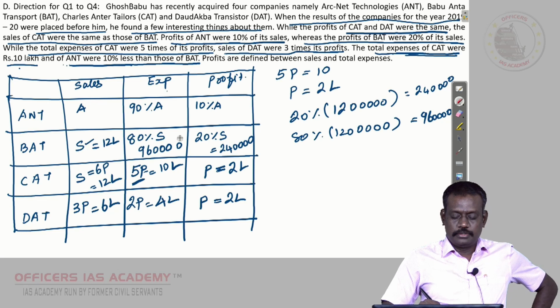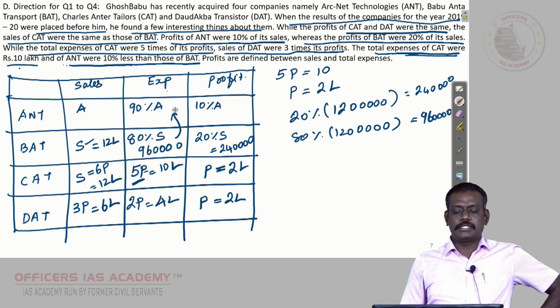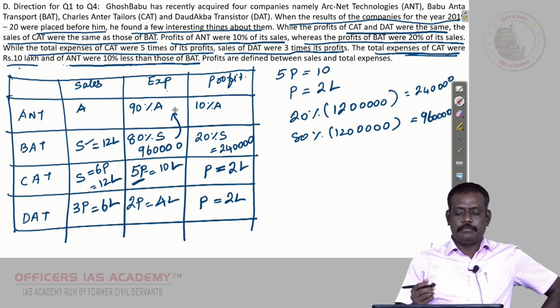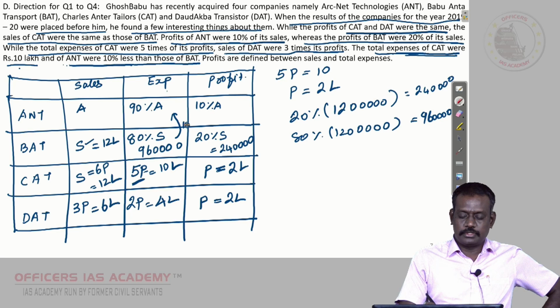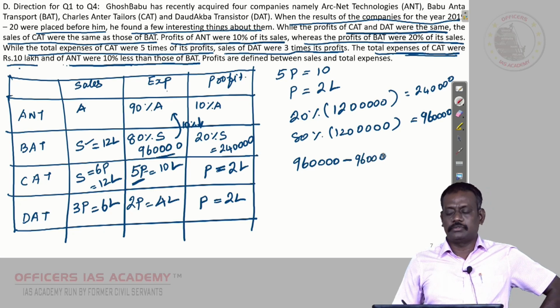So it means, from here it is going here. The expenses of ant are 10% less than bat. So it is 10% lesser. If you find 10% of 9,60,000, that is 96,000.